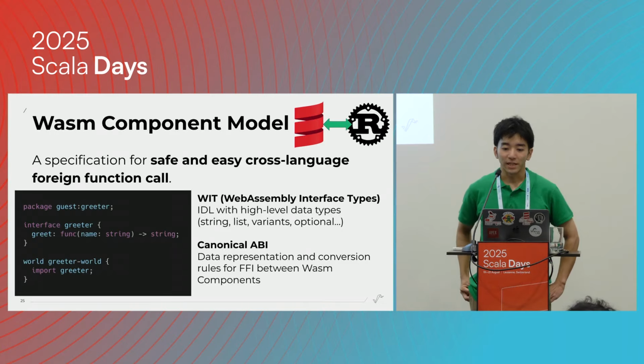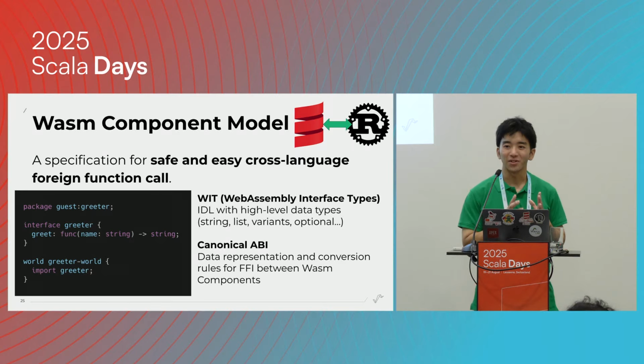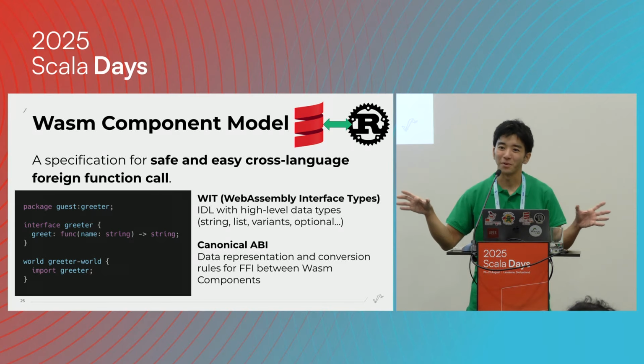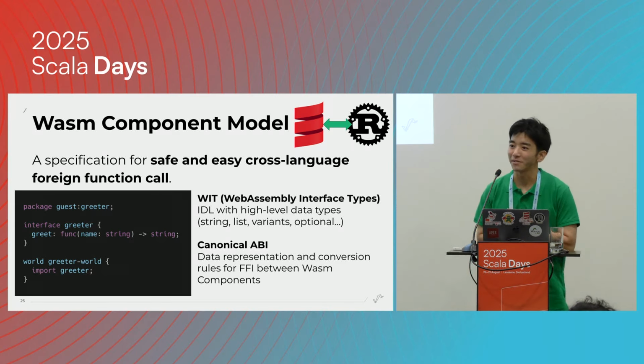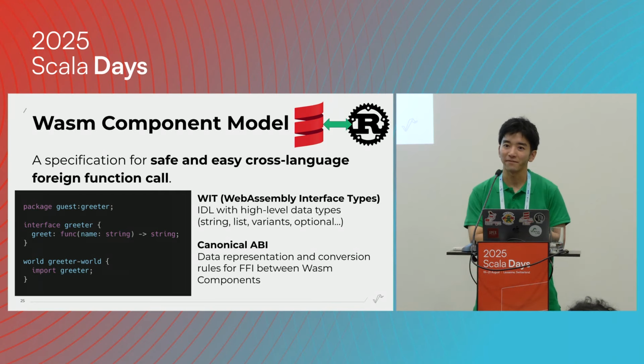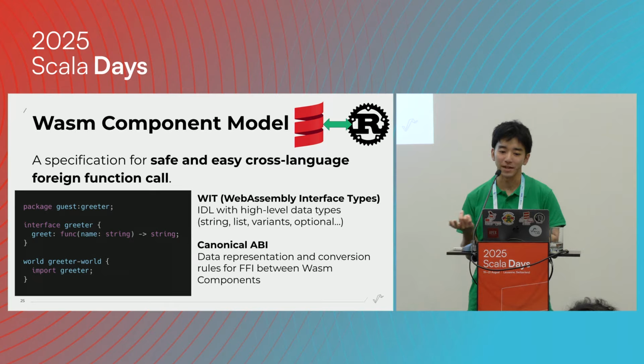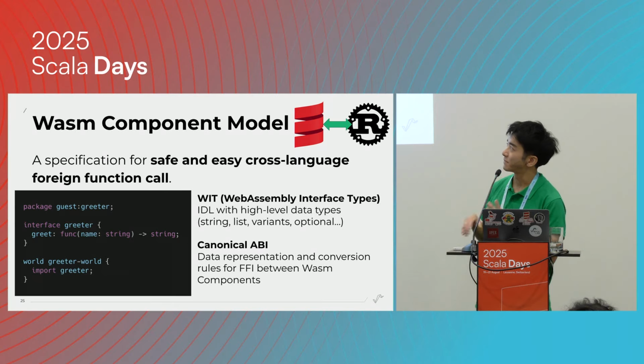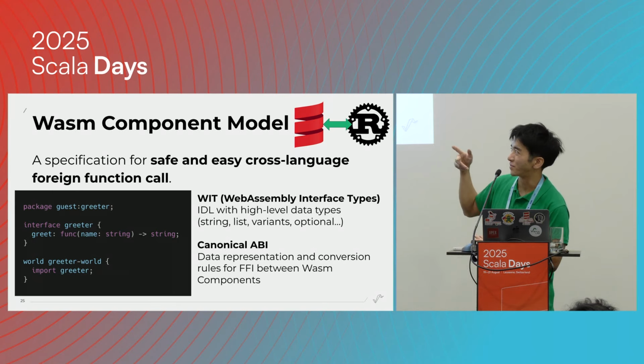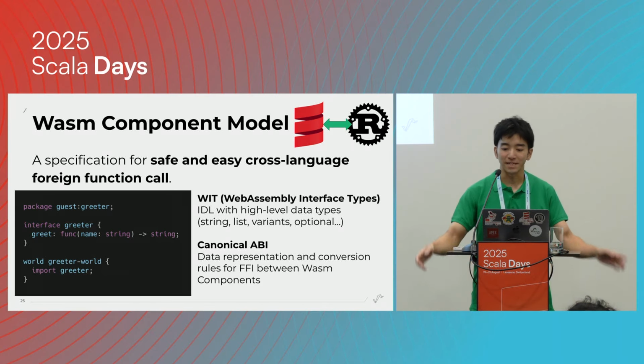To talk about more details of WASI, we have to talk about another concept, the Wasm component model. The Wasm component model is a specification for safe and easy cross-language function calls in WebAssembly. It is composed of mainly two or three things. One is WIT. WIT is WebAssembly Interface Type.